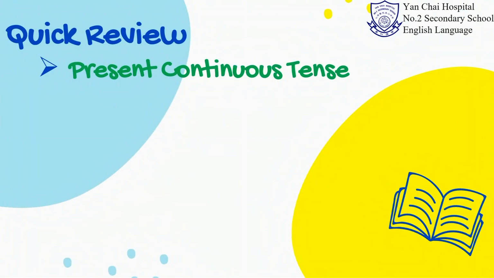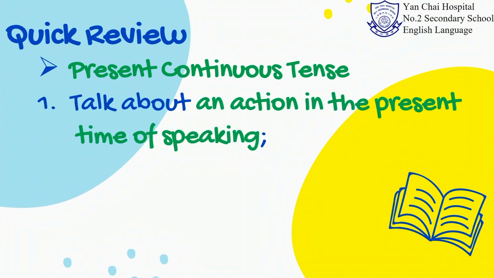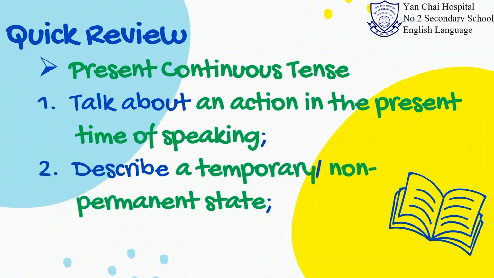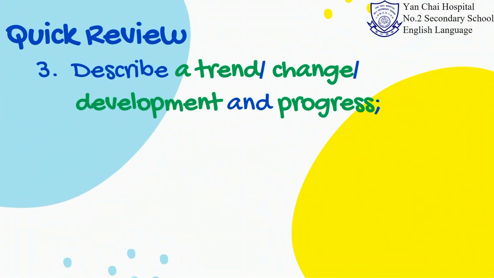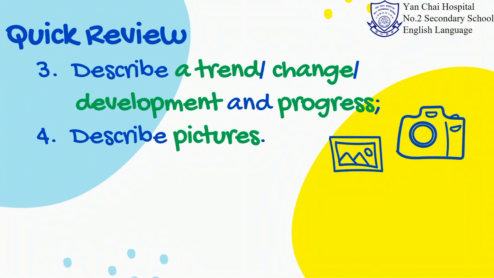Quick review. We use present continuous tense to talk about an action in the present time of speaking, to describe a temporary or non-permanent state, to describe a trend, change, development, and progress, and to describe pictures.